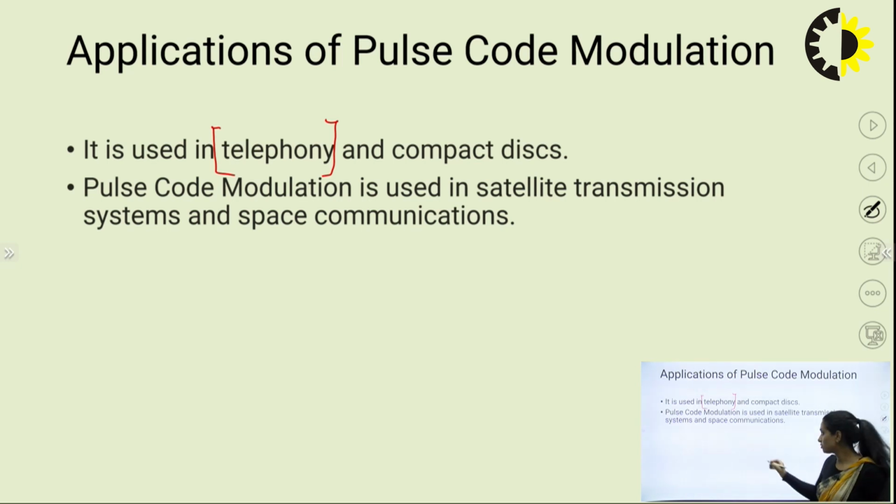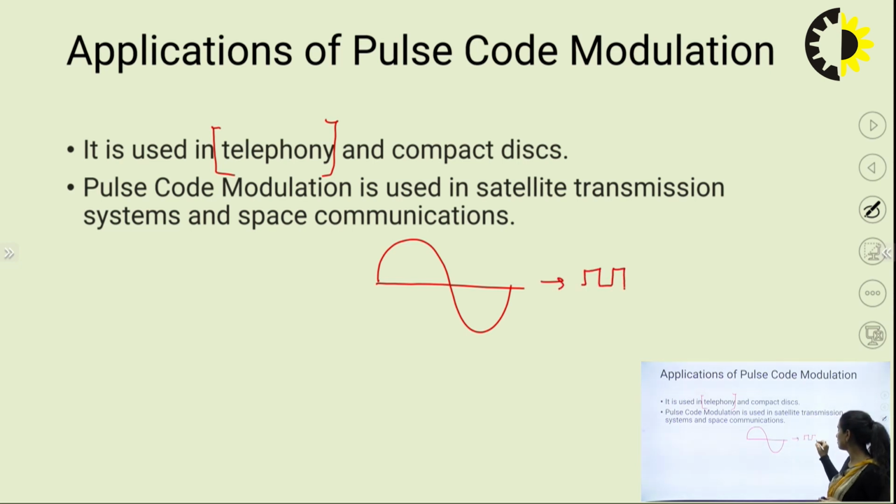In pulse code modulation, what happens? I have an analog signal. When I am representing it in the form of pulses, what I am finally generating is some voltage value, right?